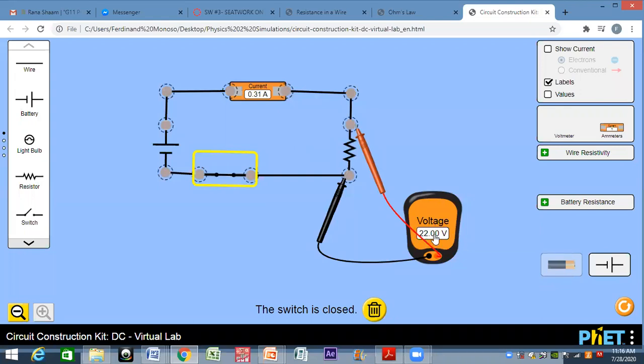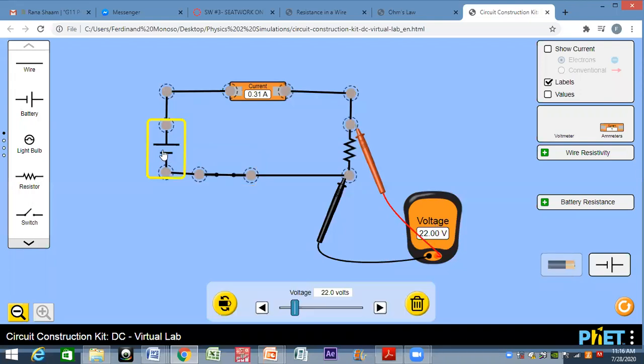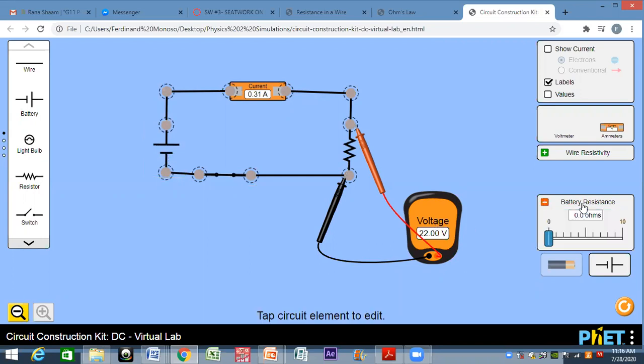Now our voltage is still 22. So that's the supply voltage that we have. This is happening because the internal resistance that we set for our battery was not changed. But you'll realize that the battery itself has a resistance.